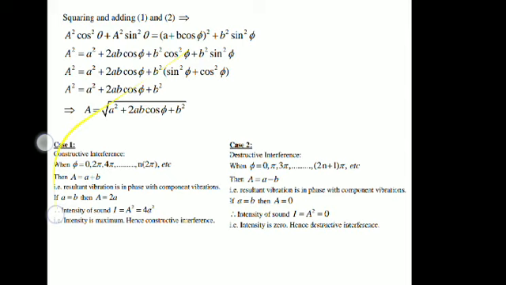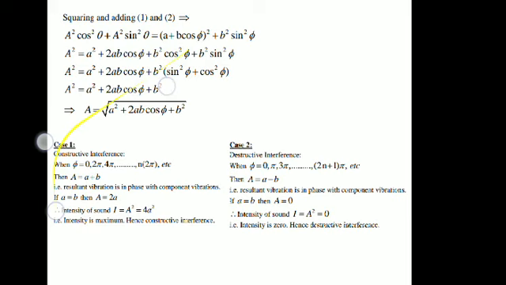Now let us expand (a plus b cos phi) whole square. So a square plus twice ab cos phi plus b square cos square phi, and the remaining term, b square sin square phi. So again a square plus twice ab cos phi, and here you see b square cos square phi plus b square sin square phi.